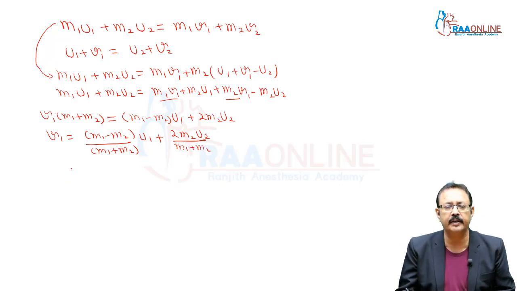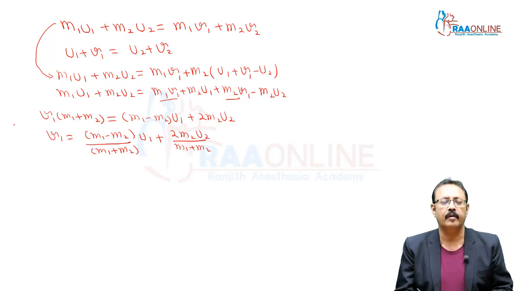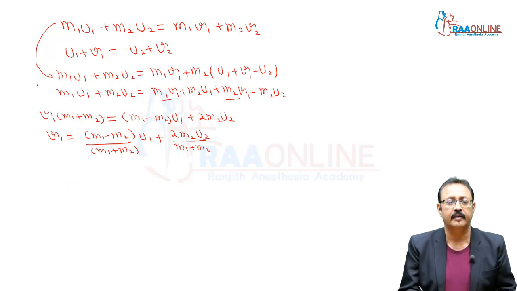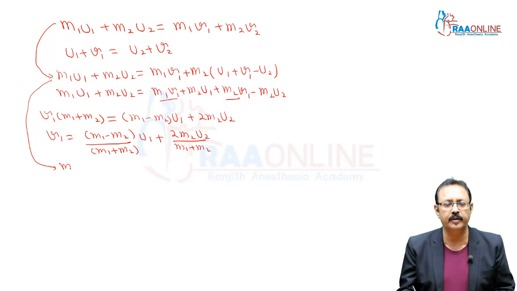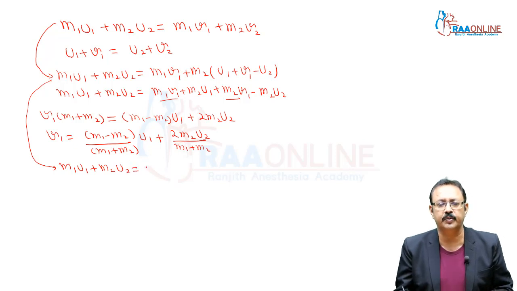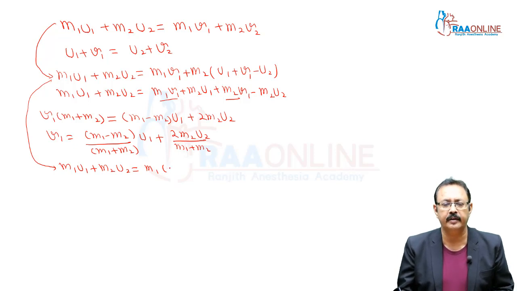But if we put the value of v1 in this, then we will get m1 u1 plus m2 u2 is equal to m1, in place of v1, I am putting u2 plus v2 minus u1, plus m2 v2.